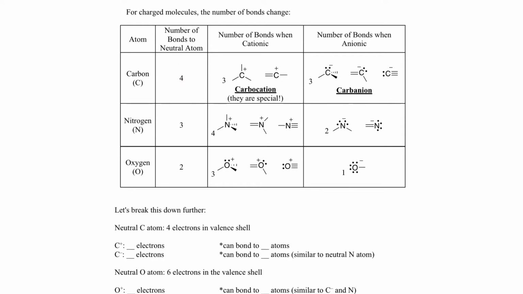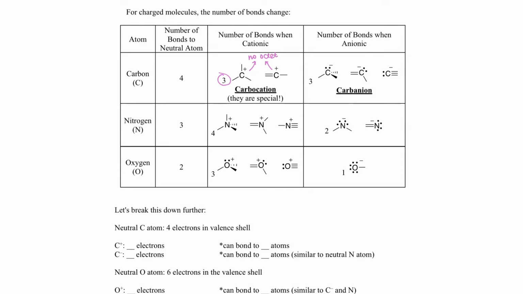These carbocations are pretty special in OChem because if you look at the carbon in both of these instances where they have 3 bonds, we do not have octet. There's only 6 valence electrons. That's why carbocations are special. They're usually the only atoms we see in OChem that don't have octet.